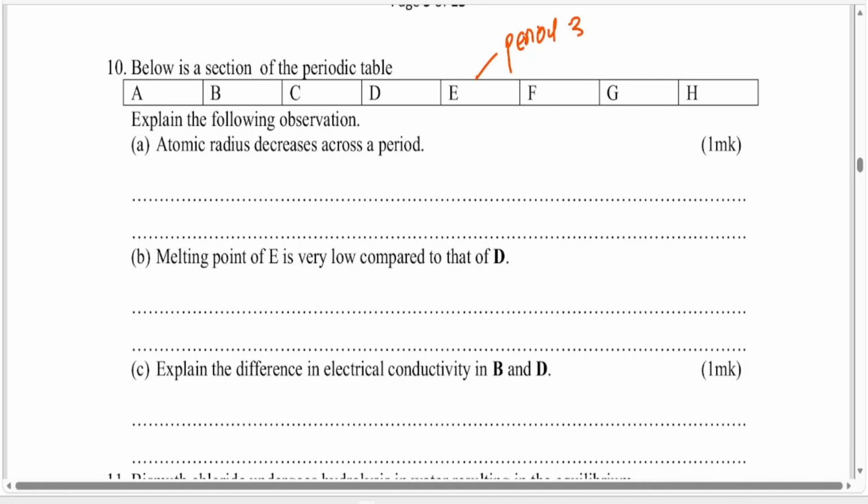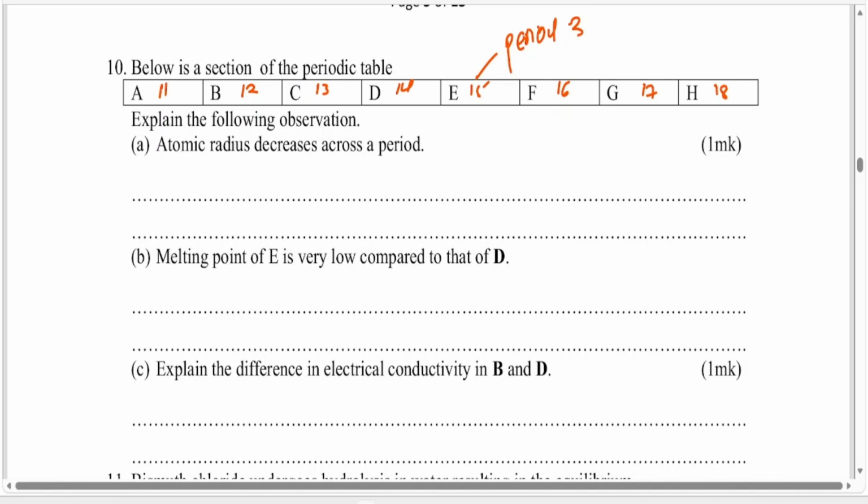The atomic radius decreases across a period. So why does the atomic radius decrease across a period? So if I was to use period 3, then I put 11 protons, 12 protons, 13 protons, 14 protons, 15 protons, 16, 17, and 18.